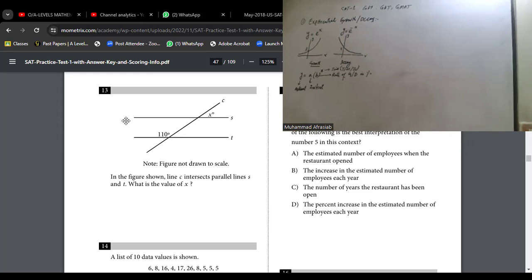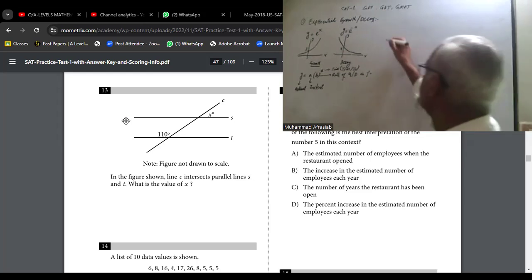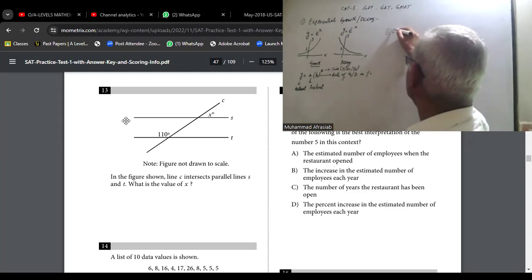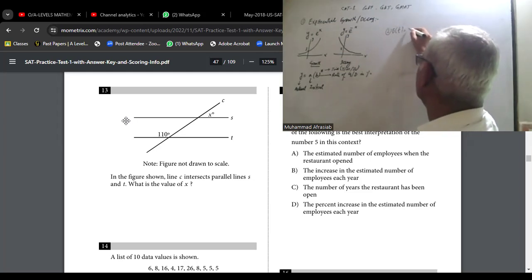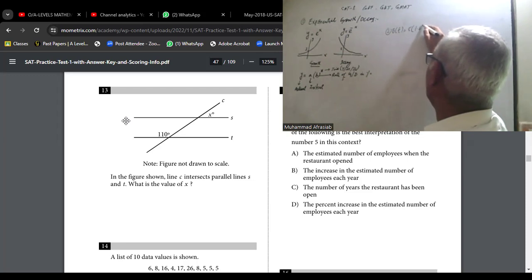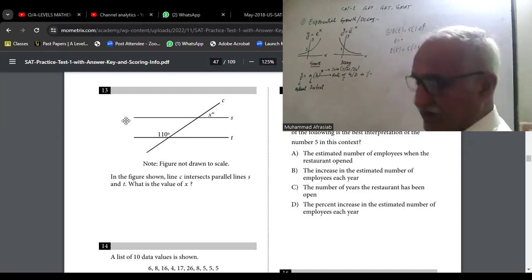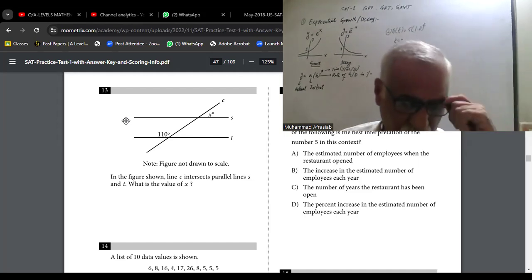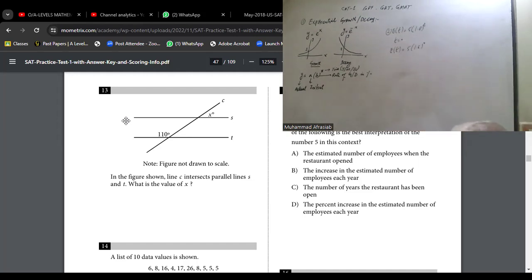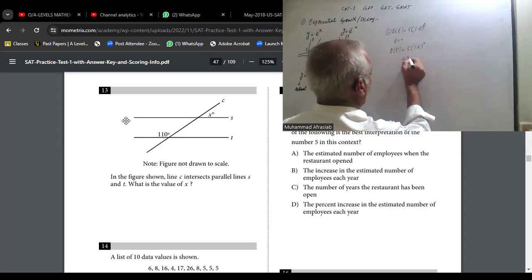So E of t is equal to 5 into 1.8 power t. When t is equal to 0, E of t is equal to 5 into 1.8 power 0, so this is equal to 5.